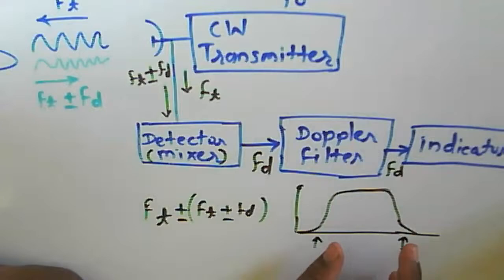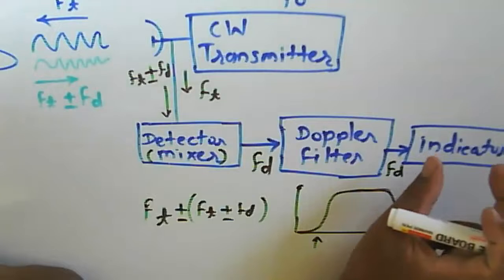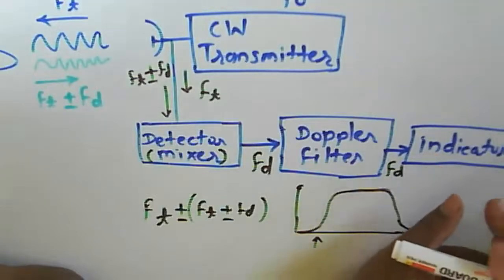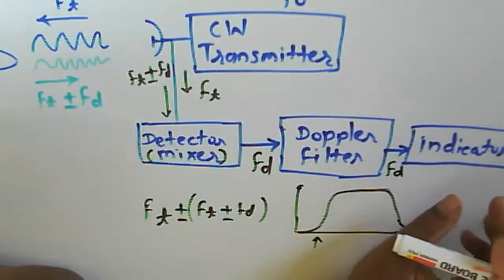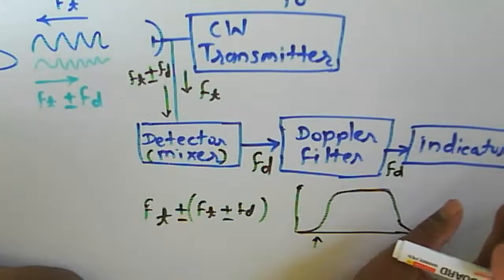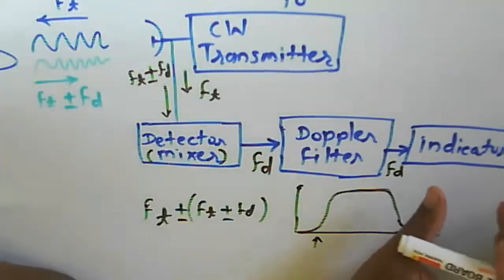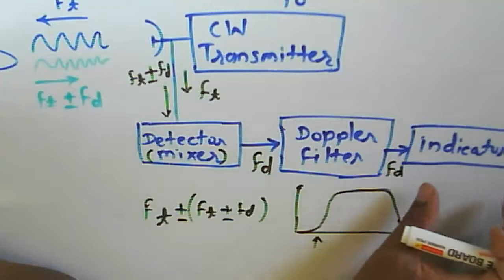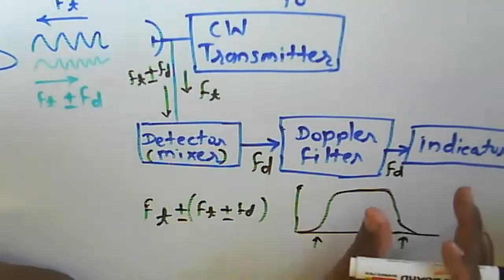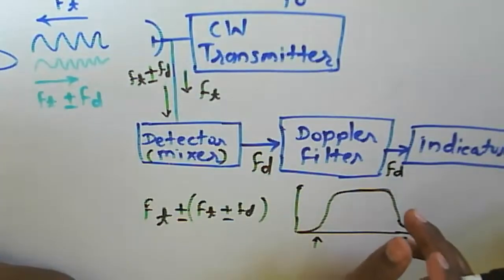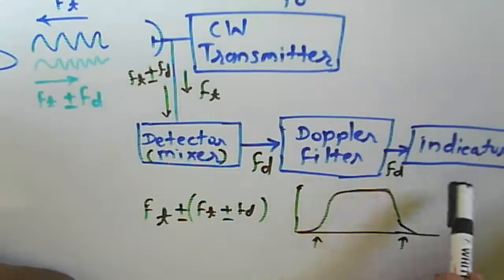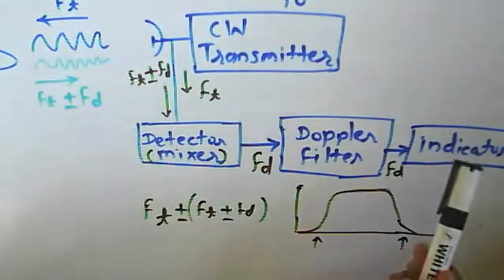So that's why we select a proper indicator: a frequency meter, or an earphone, or some particular filter that will pass only that particular frequency band of the signal to the device. This way we use an indicator there.